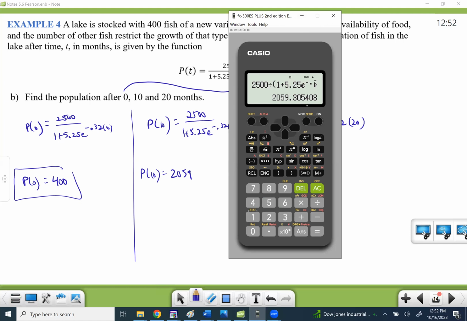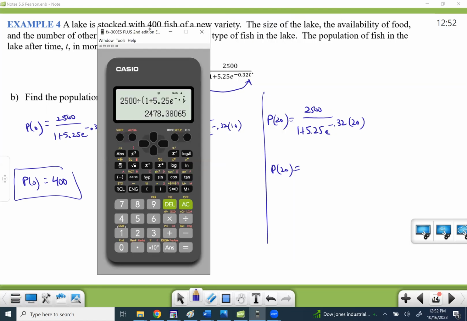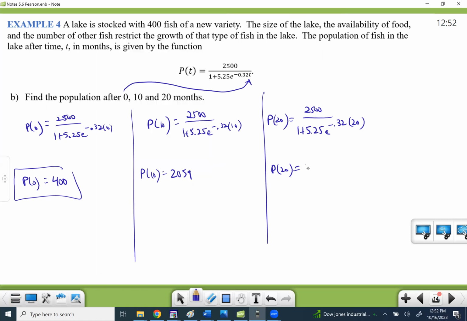Let's check if we put a 20 in there. 2,478. So it grew. So this is good news. Probably did that one correct.